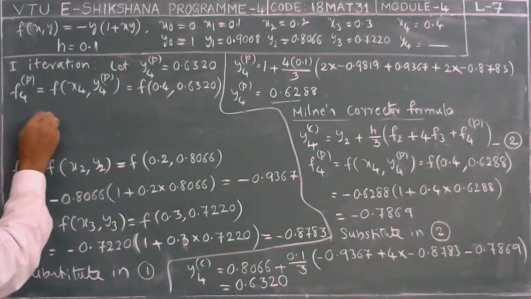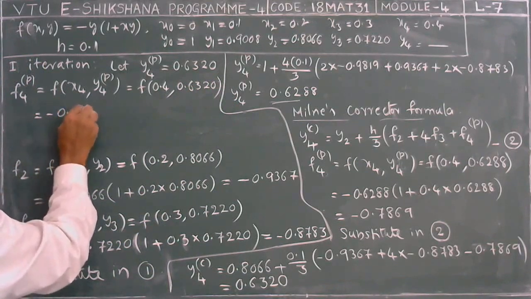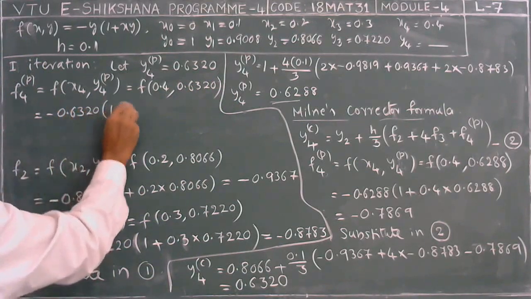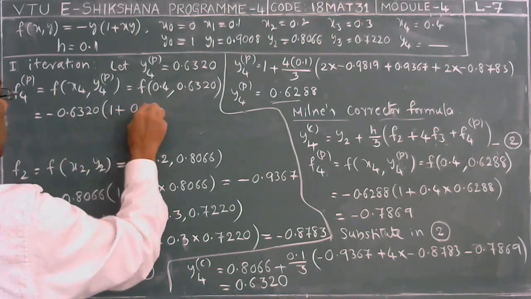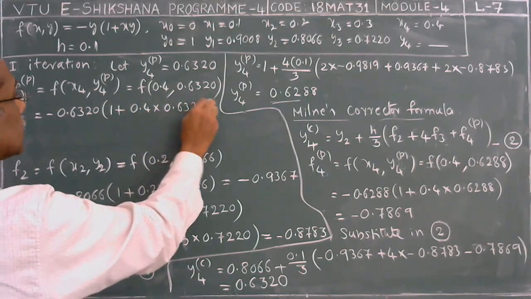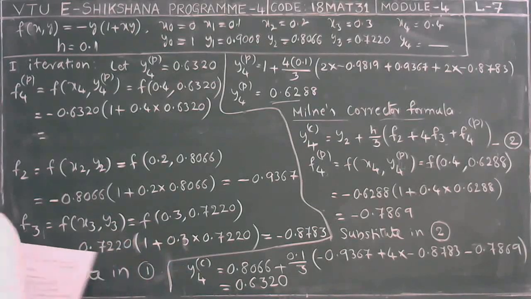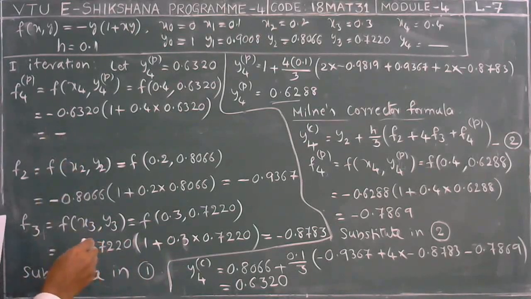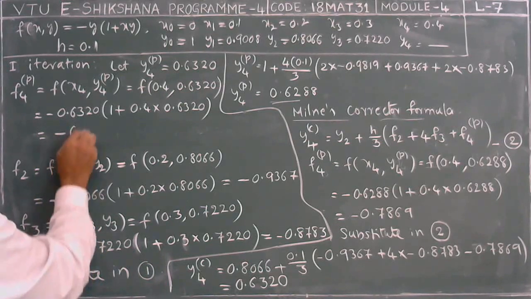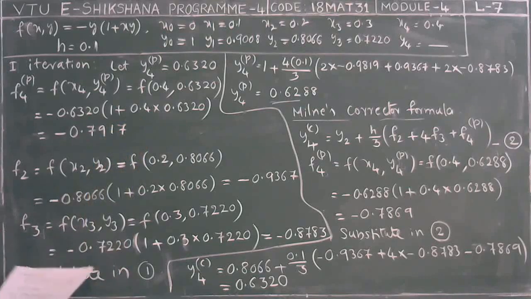Applying the definition, minus 0.6320 into 1 plus 0.4 into 0.6320. Using a calculator, f4p is equal to minus 0.7917.